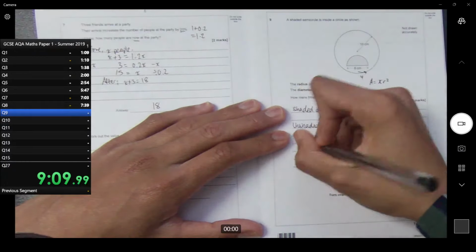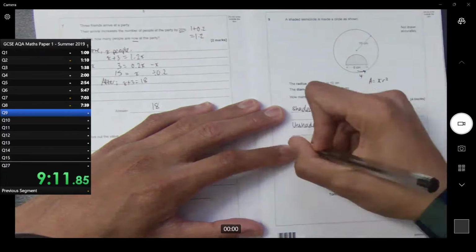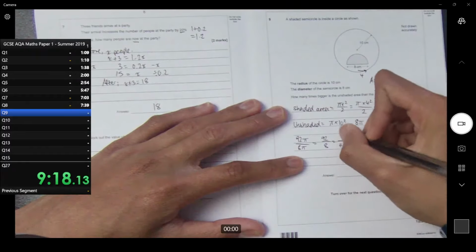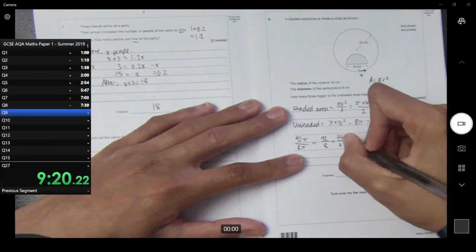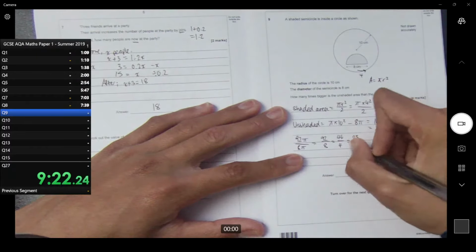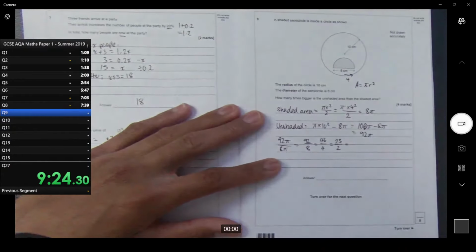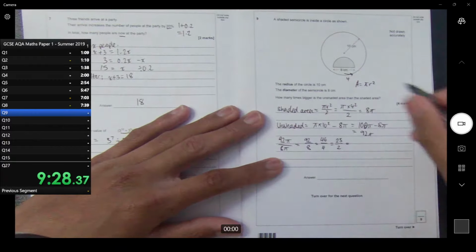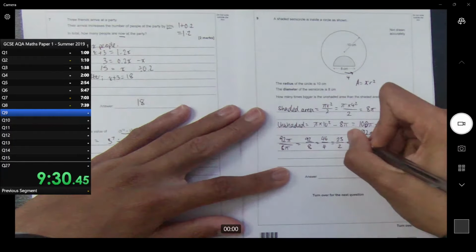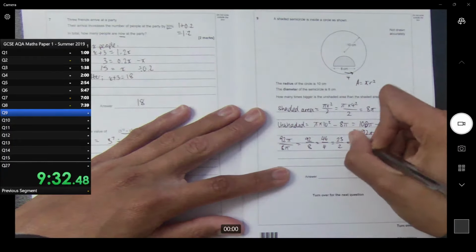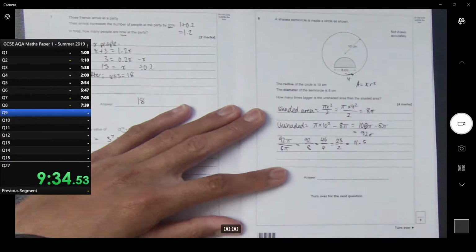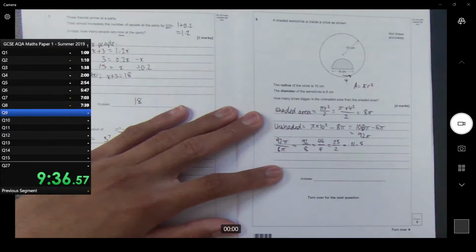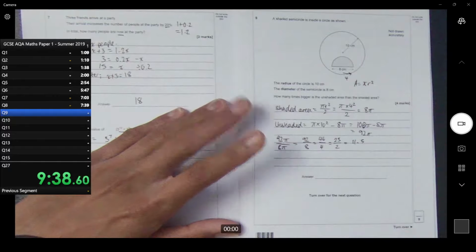So we do 92 pi divided by 8 pi. The pi's cancel out. So that's going to be 11.5 times bigger. I'm just checking that I did everything right here.